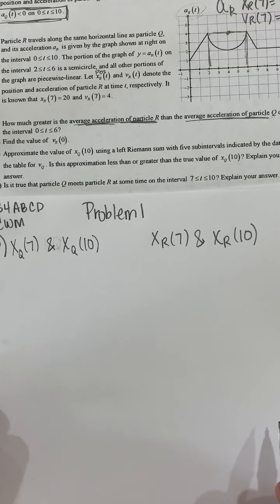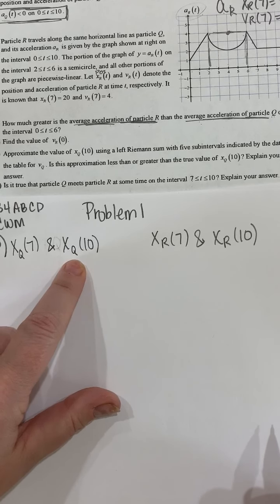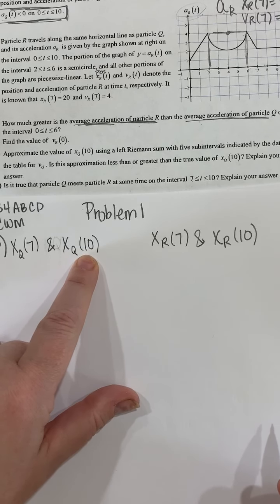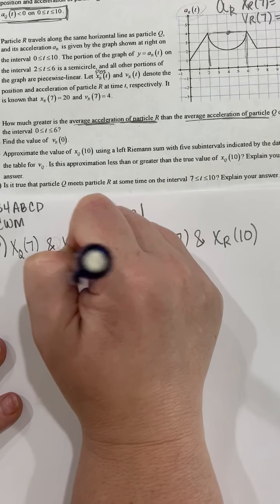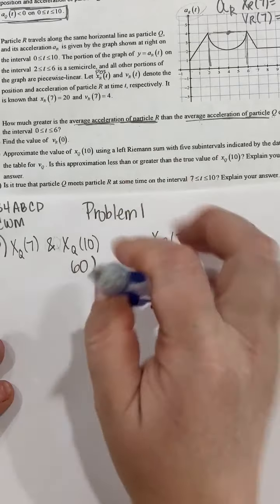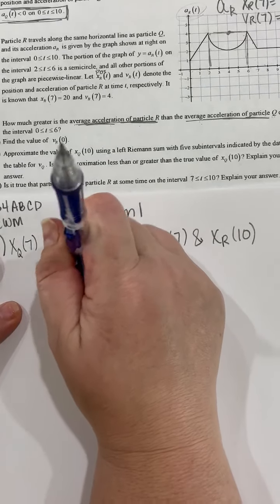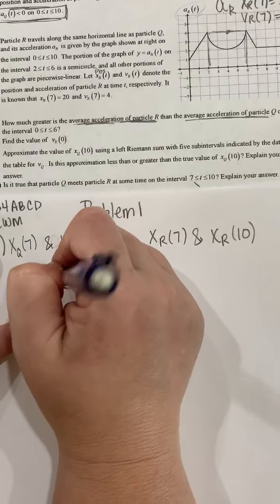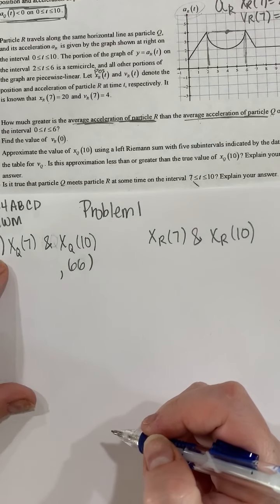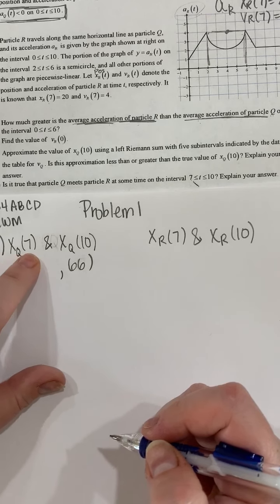So, well, good news is I found XQ of 10 in part C. So this is 66. And I'm going to need XQ of 7.